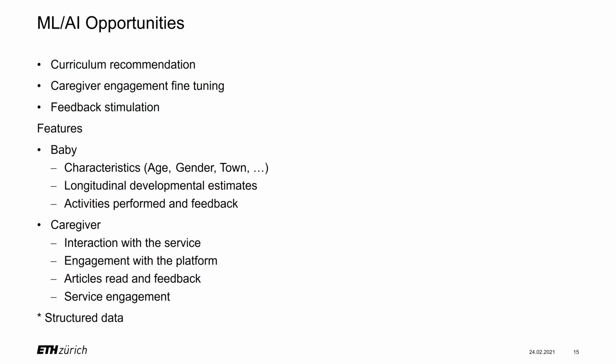We will have longitudinal developmental estimates. Basically, we would know how they have been progressing throughout time. We know the activities that have been served to the caregivers, and we are asking the caregivers for feedback on the effect of these activities on their kids.